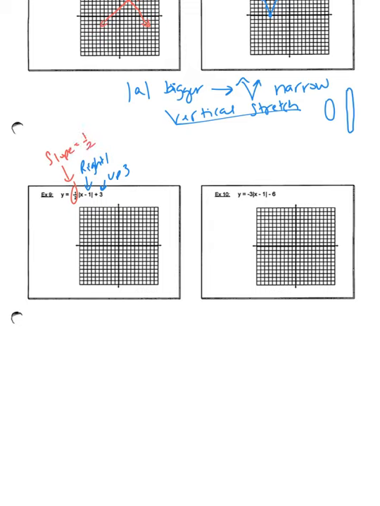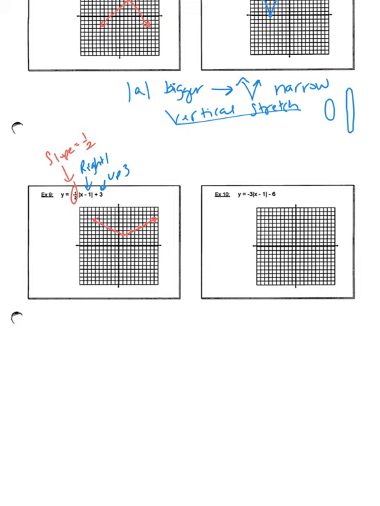So my vertex is at 1, 3, 1, 2, 3, and my slope is up 1 over 2, up 1 over 2, up 1 over 2. So you'll notice that the V is getting wider. This one's very wide.